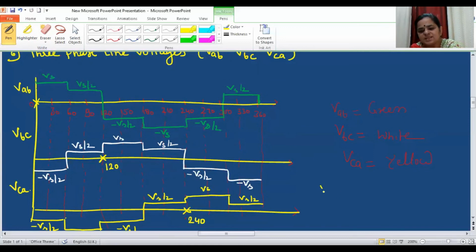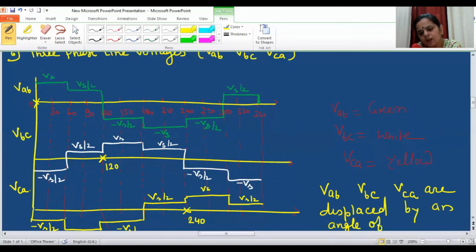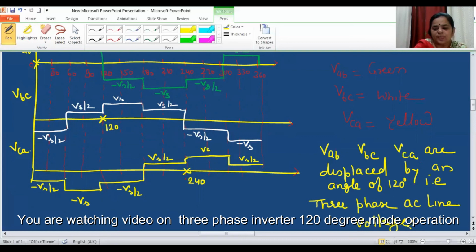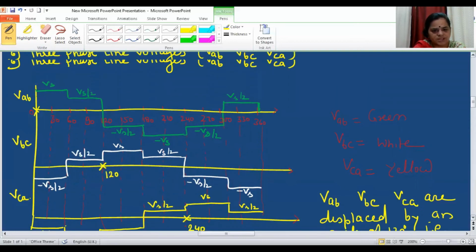That means VAB, VBC and VCA are displaced by an angle of 120 degrees, and that is three-phase AC line voltages. So this is how we can get the three-phase AC line voltages also.